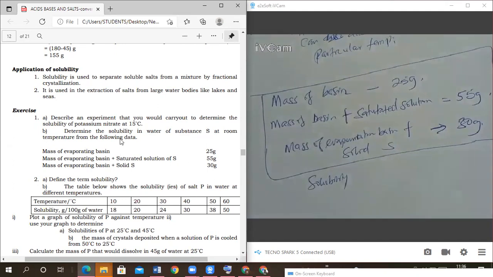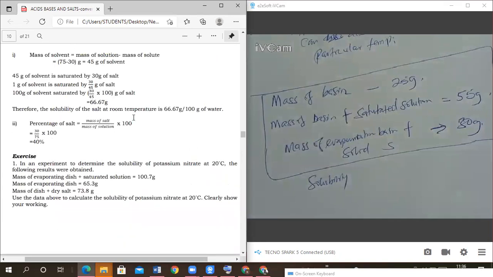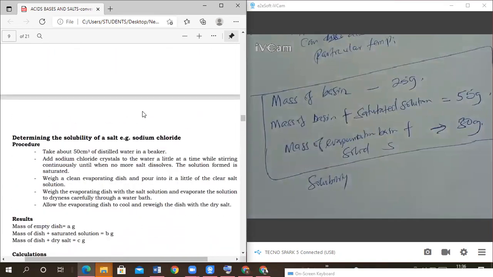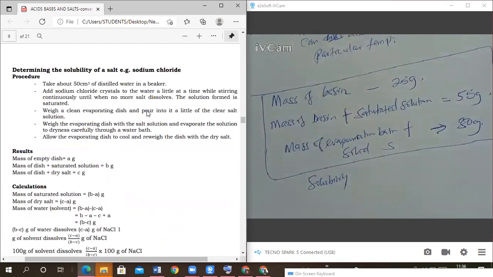If you look at this example provided up here, they take about 50 of distilled water in the beaker. Now, this is determining the solubility of a salt, for example sodium chloride. They got 50 cubic centimeters of water in the beaker. They added salt crystals to the water a little by little to make sure that it's saturated.